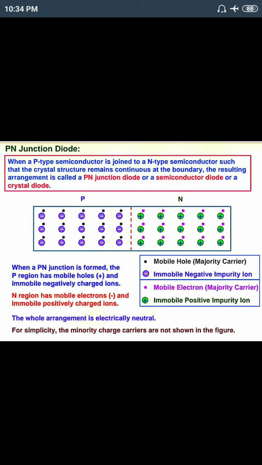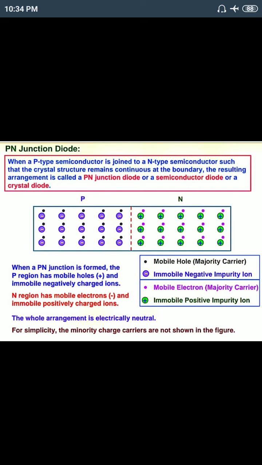So the p side holes diffuse from p side to n side, and similarly from the n side the electrons diffuse to the p side. Holes from p side to n side and electrons from n side to p side, they are diffused. This process is called the diffusion process.